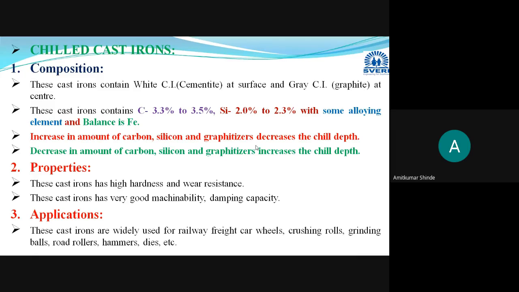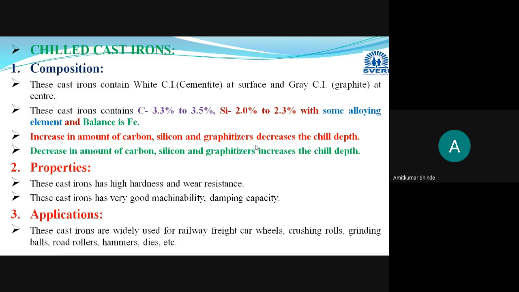Whichever depth is obtained having white cast iron at the surface will be termed the chill depth. We are doing the faster cooling of the surface by using different chillers or chill plates, and the depth of that hardened surface will be termed the chill depth.